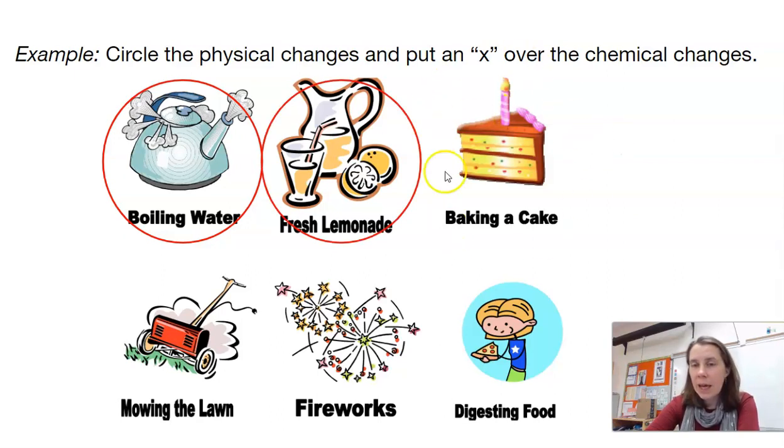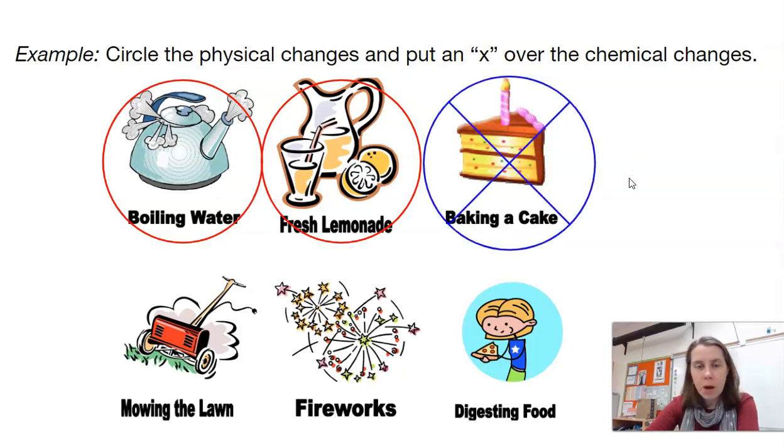All right, when we bake a cake, we have to put it in the oven. The substance looks quite different from when we started. It changes from a liquid to a solid, but other things change too. So baking is going to be an example of a chemical change. All right, mowing the lawn. All we're doing when we mow the lawn is cutting the grass into smaller pieces.